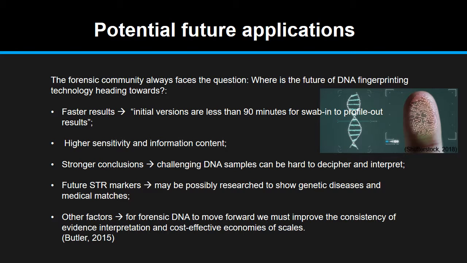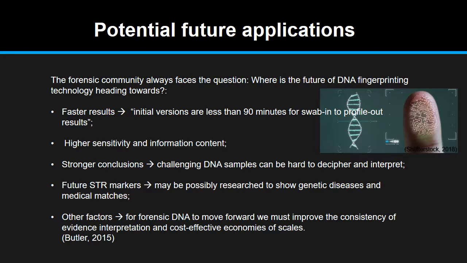Stronger conclusions. There are some DNA samples that are more challenging than others. These can include poor quality samples which may contain degraded DNA or PCR inhibitors that fail to produce an informative profile.